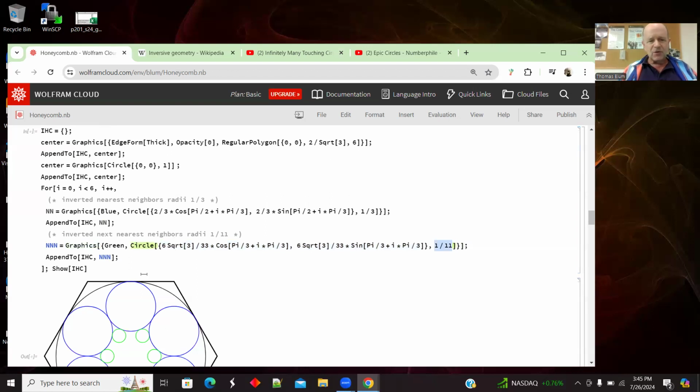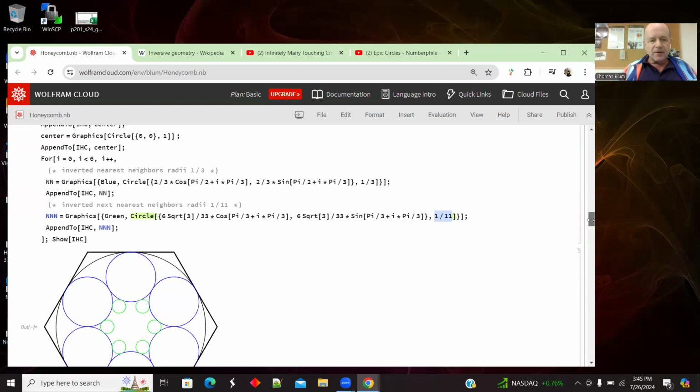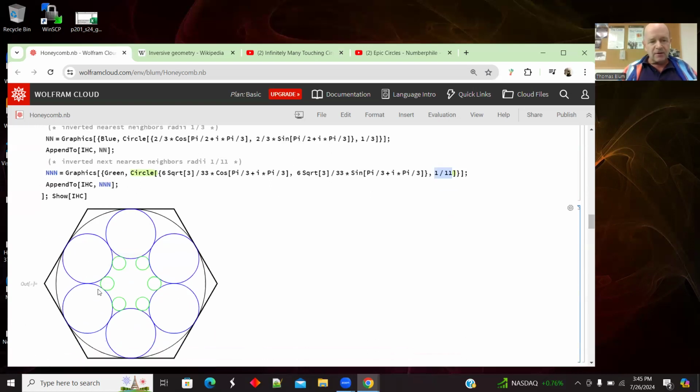It's a little harder work sometimes to find the center, or the center doesn't always look nice, but the radii tend to be these nice numbers. So 1/3, 1/11th, and there they are. Okay.